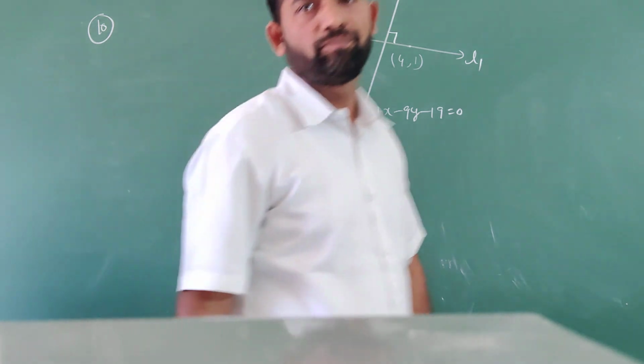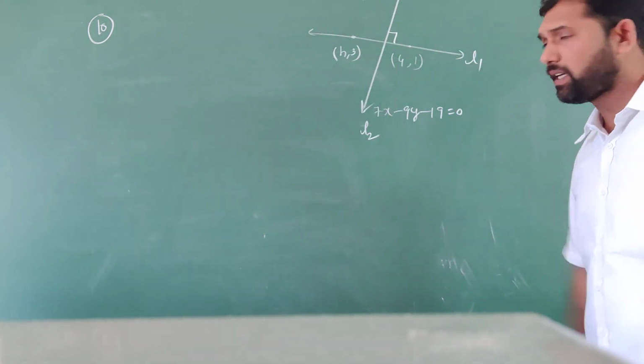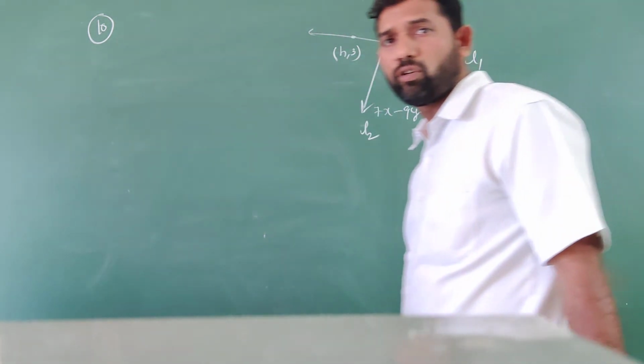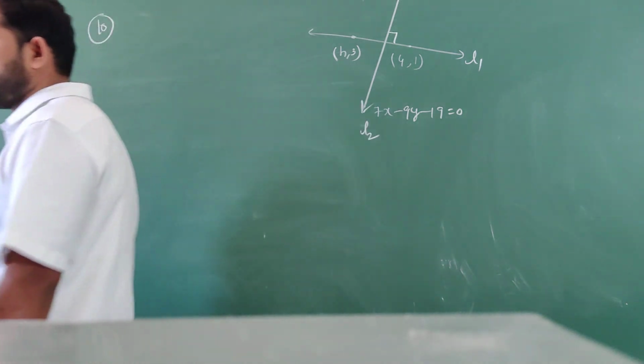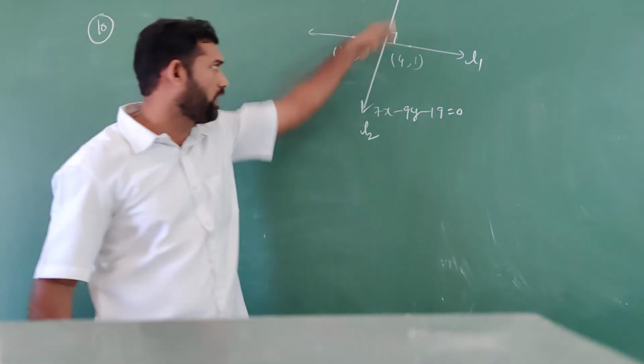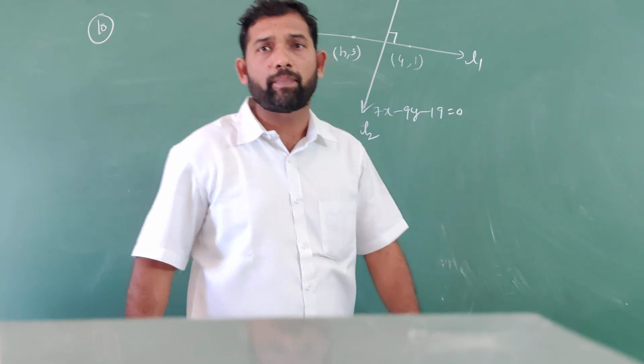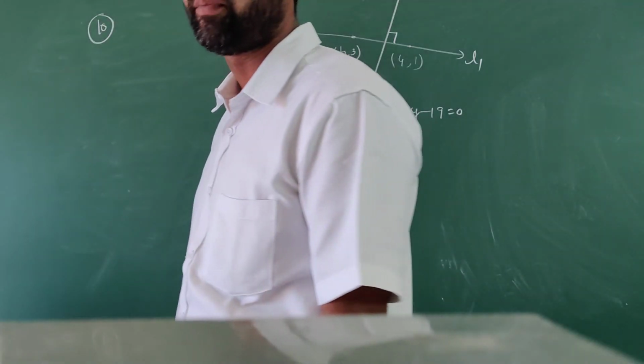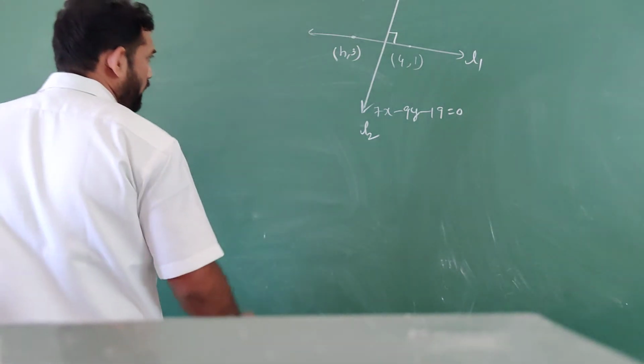Very simple question. Two lines are perpendicular to each other means the product of the two slopes is equal to minus 1. This one and this one. So you write the data.